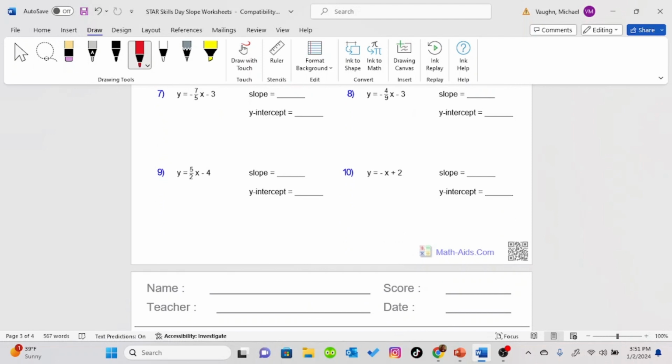Number 7, my slope is in front of the x, so negative 7/5. My y-intercept is by itself, negative 3.